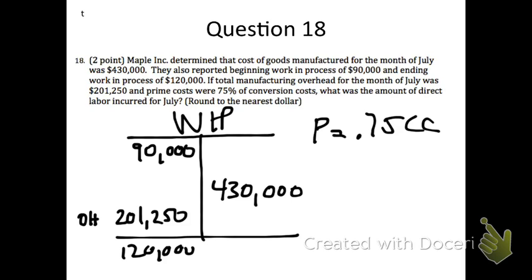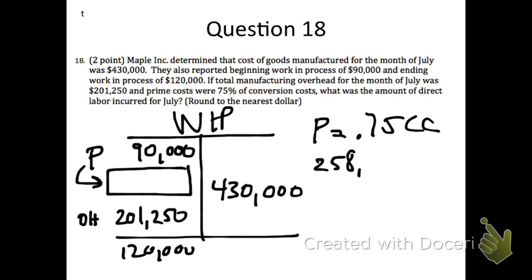And so we can determine what prime costs are right here through our T account. And so 90,000 plus the prime cost plus the overhead minus cost of goods manufactured is 120,000. So you find that the prime costs are actually equal to 258,750, and that's what that number is.